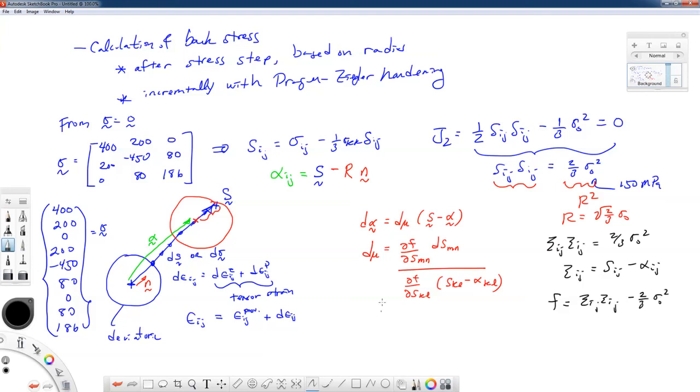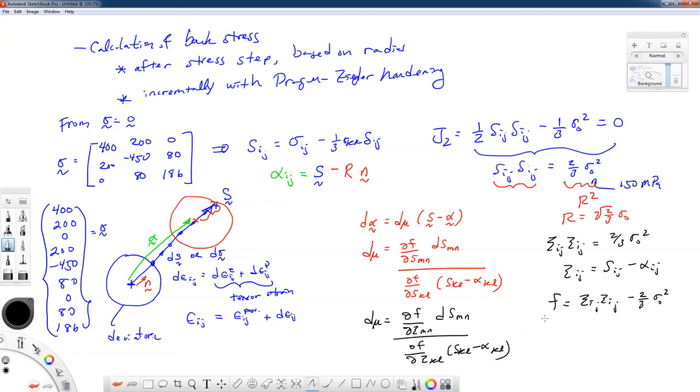And then when we evaluate this partial derivative, we have to be a little bit careful. Really what we want is the partial derivative of f with respect to xi mn dsmn, that's fine, and the partial derivative of f with respect to xi kl times skl minus alpha kl.